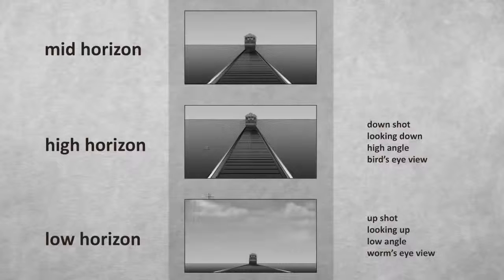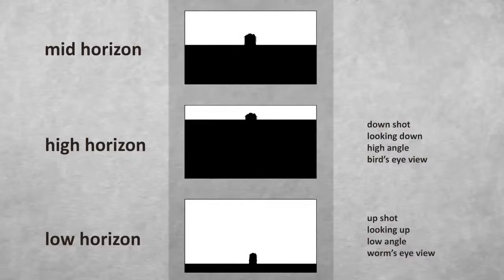So let's just compare all these first of all. Visually, if we just focus on the silhouette, you can see the first one is pretty boring because half the image is white and half the image is black. In the high horizon piece and the low horizon piece, it's a lot more interesting in terms of division.